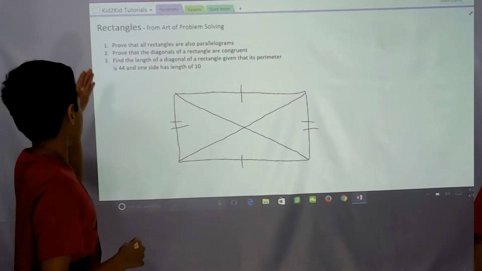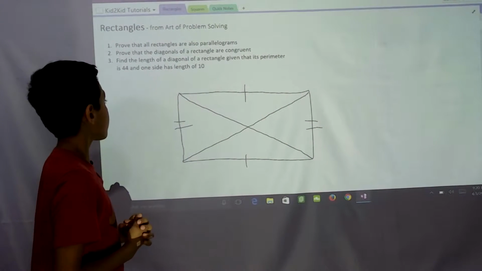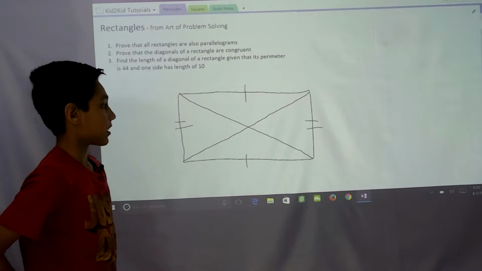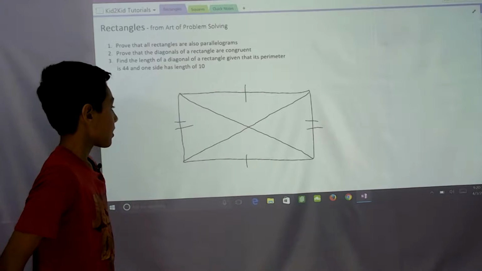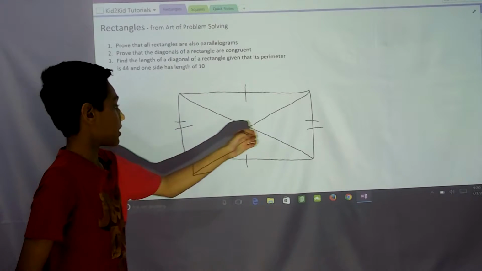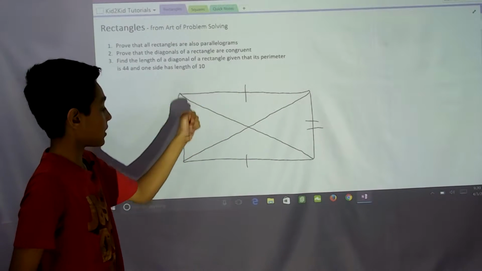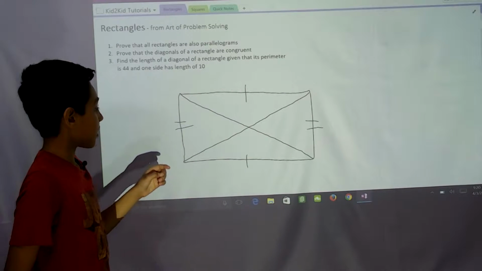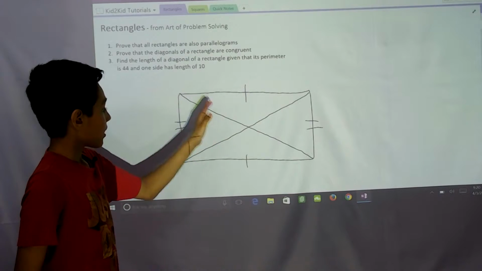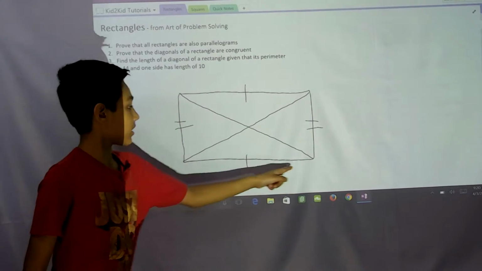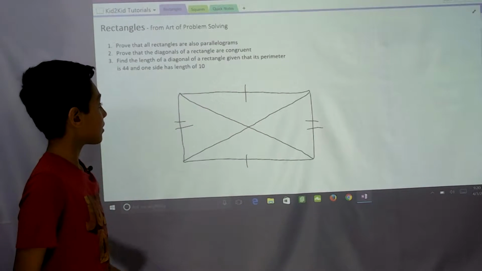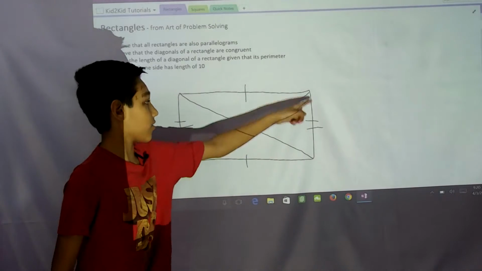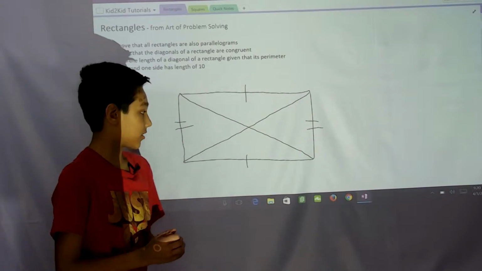So now we go on to 2. Prove that the diagonals of a rectangle are congruent. So we have this here is equal to that here, and this is equal to that. And we know that this triangle right here is equal to this triangle right here by SAS congruence.